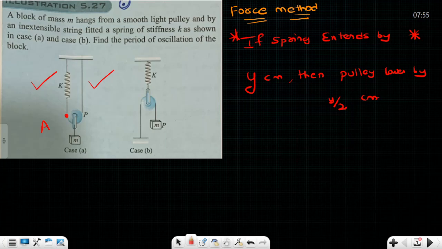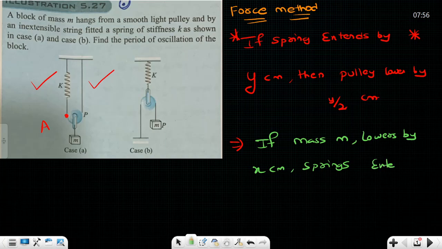That means the reverse. Let's write the reverse. If mass m lowers by x centimeters, the spring extends by 2x centimeters.